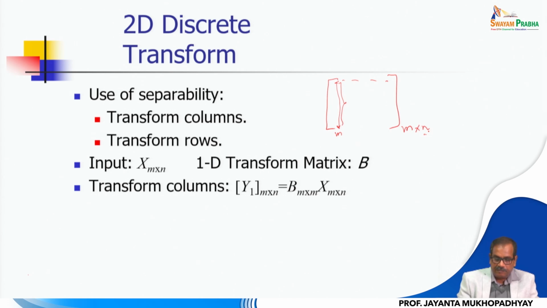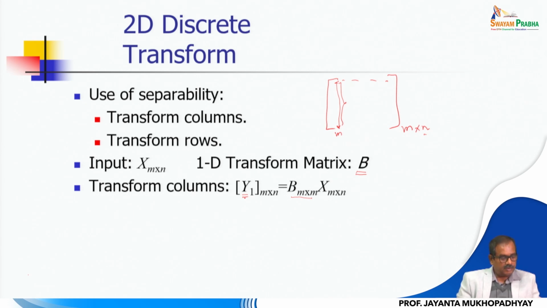When you perform the column-wise transformation, you take a transformation matrix corresponding to m. I have mentioned n point DCT, but here you have to take m point transformation. So if it is a DCT transformation, you take the m point DCT matrix, generally denoted by B here, and you get the resultant transformation Y1.